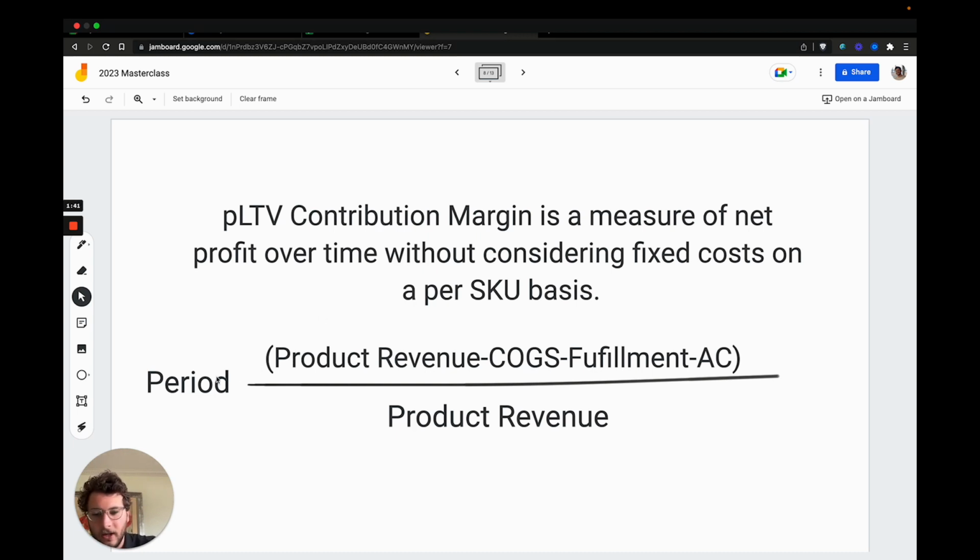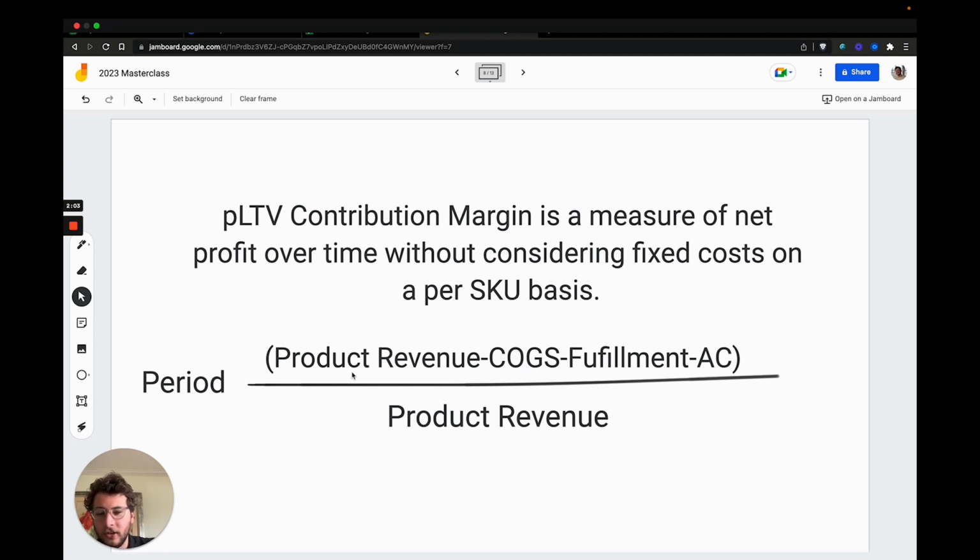So all it is, we pick our period, and then let's just say it's 60 days. We take our 60-day product revenue, obviously the COGS over the 60 days for those products, the fulfillment, so that's packing, shipping, anything that it takes to get the product from the warehouse into the customer's hands that you pay for, and then of course the acquisition cost, which is AC.